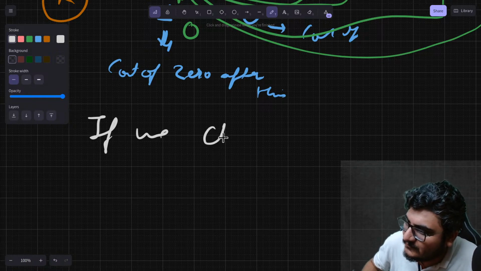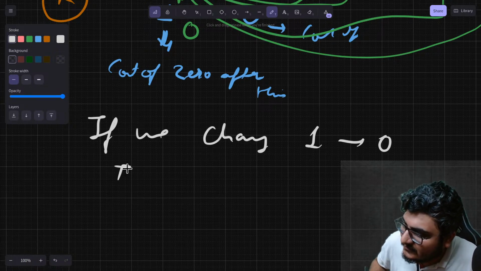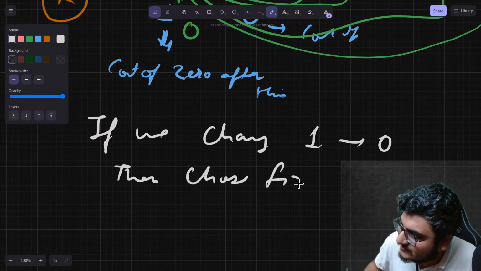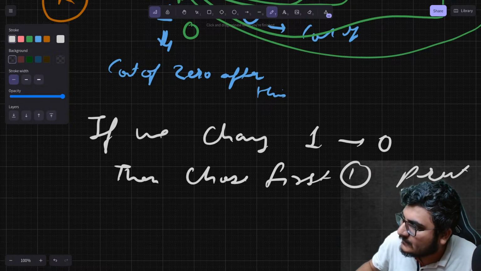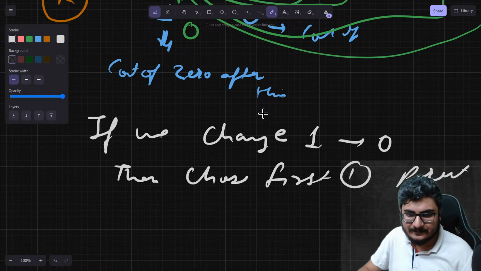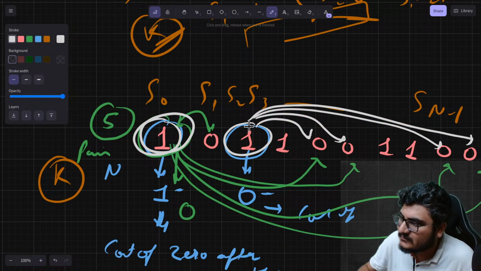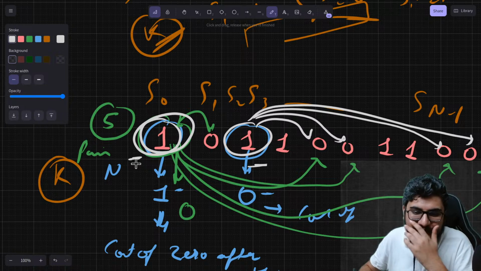If we change 1 to 0, then choose the first one present in the array. Can I say this? Because here this one is a part of 4 pairs, but the one before it is a part of 5 pairs.